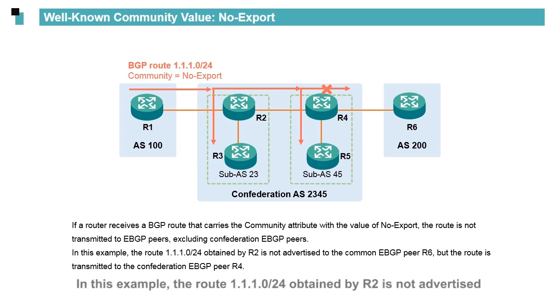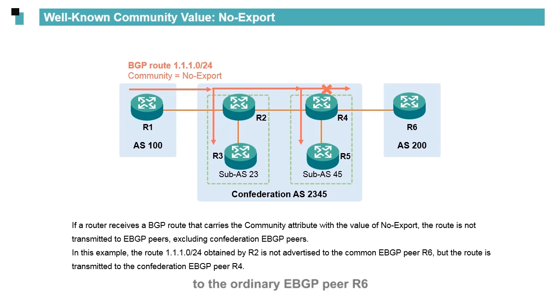In this example, the route 1.1.1.0/24 obtained by R2 is not advertised to the ordinary eBGP peer R6, but the route is transmitted to the confederation eBGP peer R4. The concept of confederation will be described later.